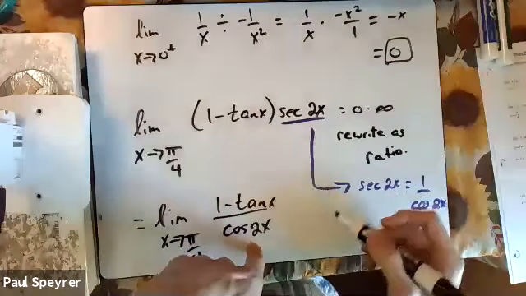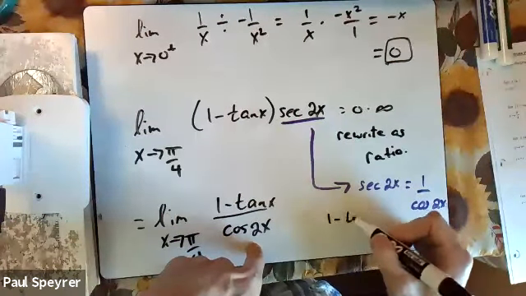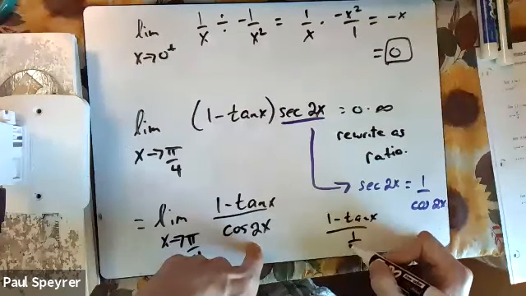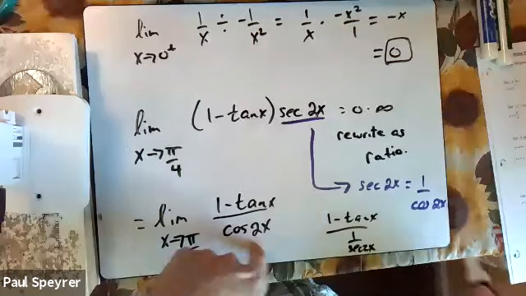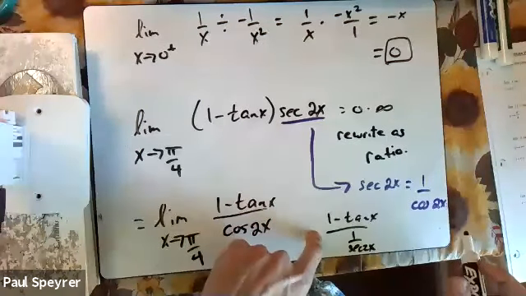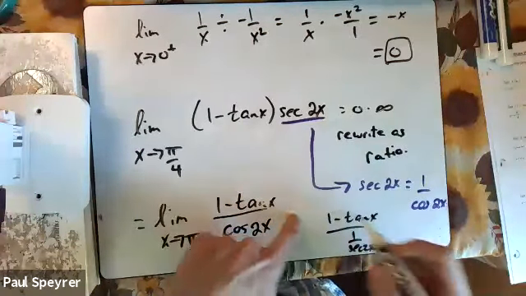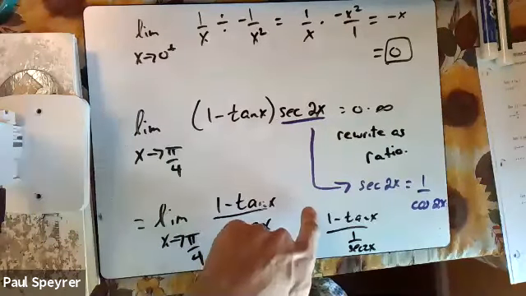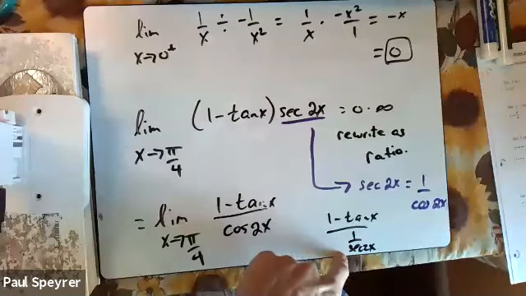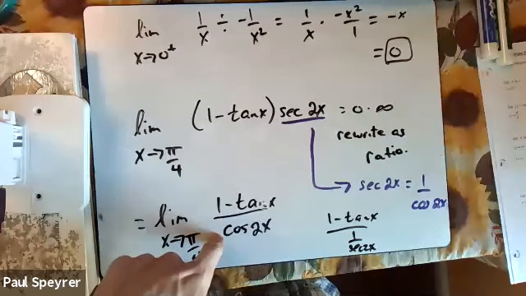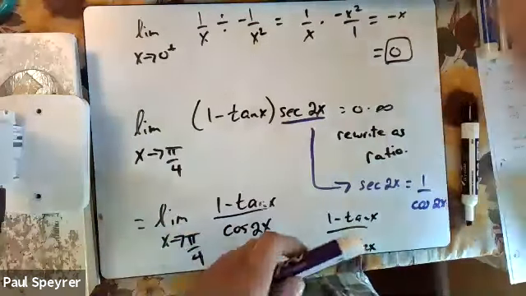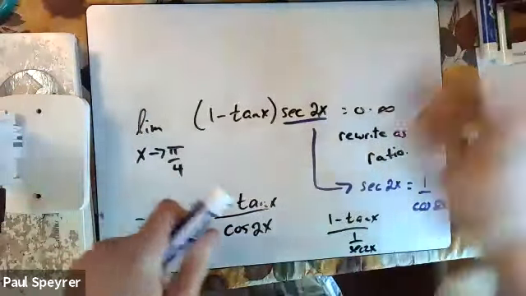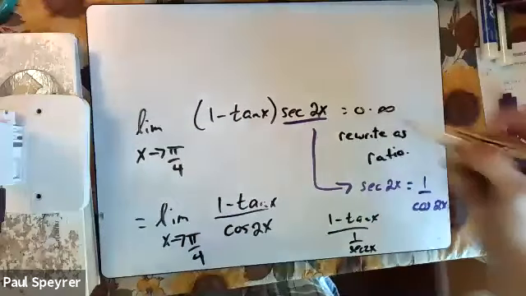So we didn't have to say it's 1 minus tan of x over 1 over secant of 2x. These two are equivalent. But this is easier to work out because you don't have something over something over something. You just have one thing over one thing. So now let's L'Hopital this.